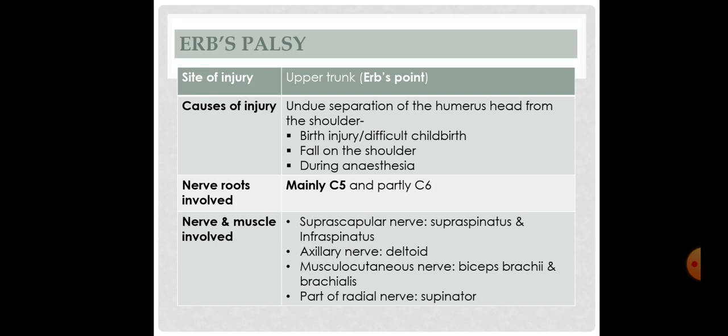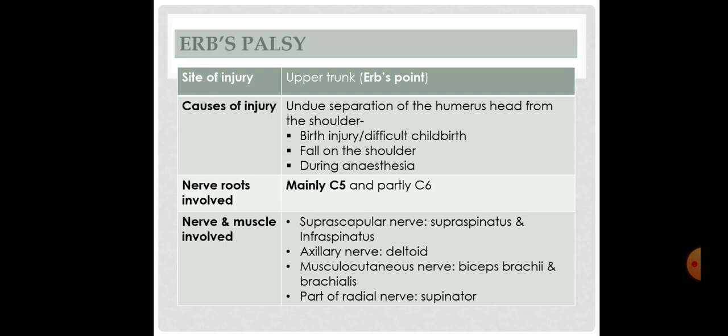Okay. So if they ask which nerve root is involved in Erb's paralysis, and only one nerve root is asked, the answer will be C5. If they ask for the 2 nerve roots, the answer will be C5 and C6.